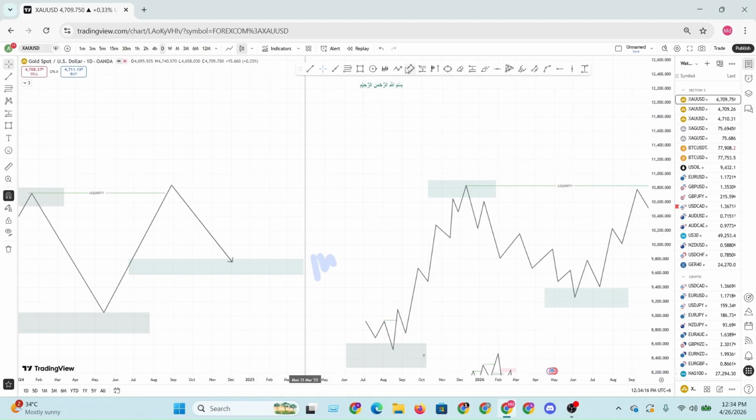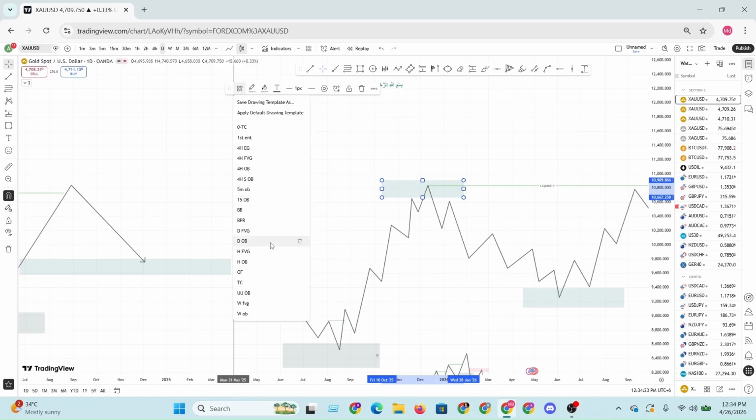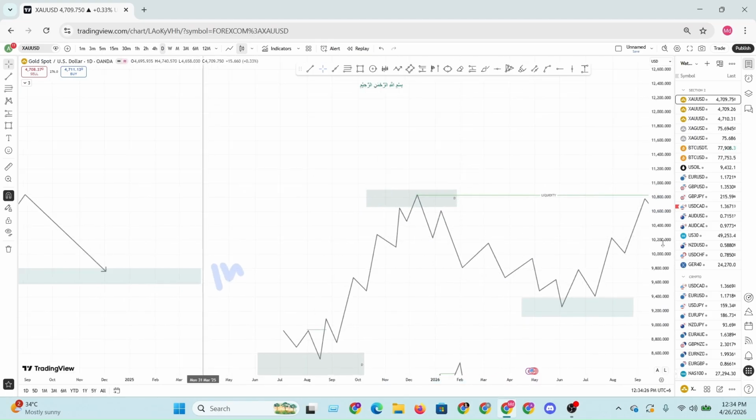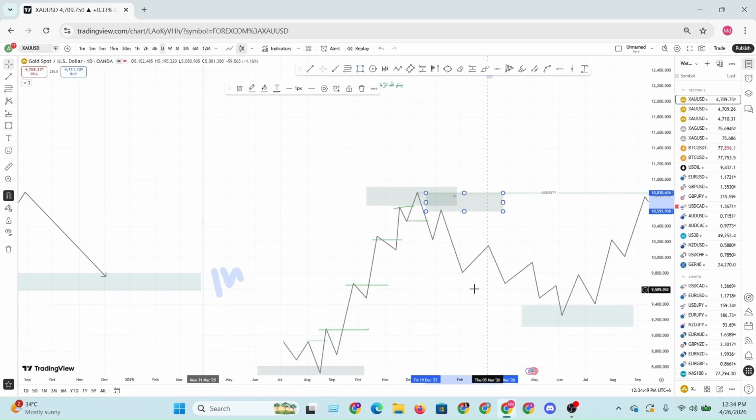Let me give you another. Let's see, the market came to this daily level, daily PY, and the market is bullish, bullish, bullish, bullish, and it shifted the market structure bearish. So we'll plan the sell from the extreme level.